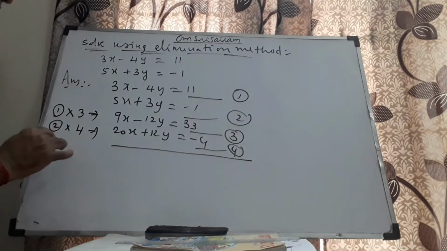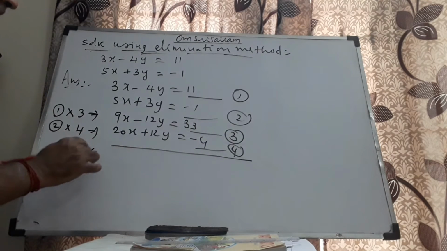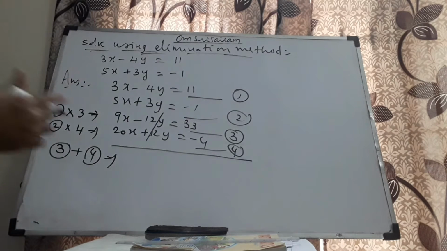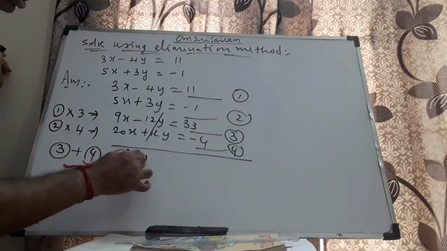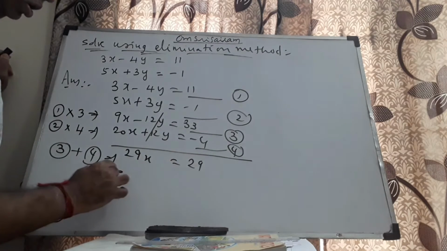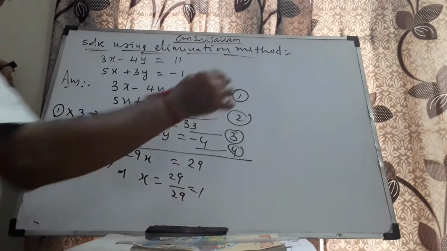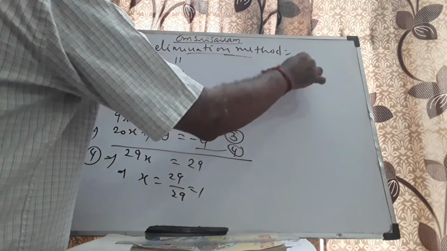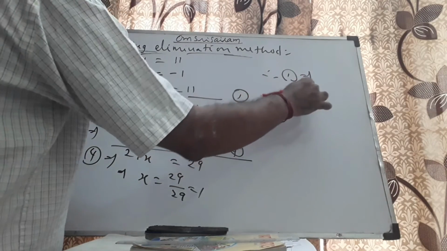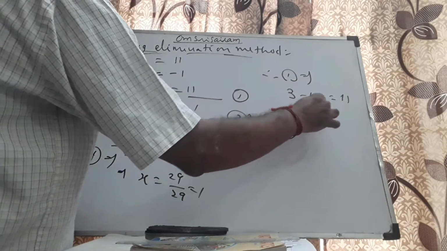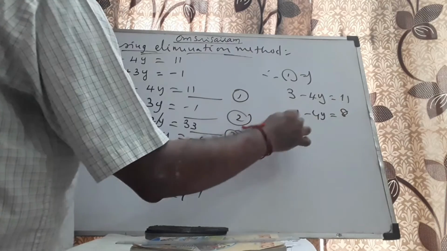This is equation 4. Now, I will just add these two so that 12y minus 12y will get cancelled. I will get 29x is equal to 29, which implies x is equal to 29 by 29, which is 1. Therefore, substituting x equal to 1, 3 minus 4y is equal to 11, which implies minus 4y is equal to 8.